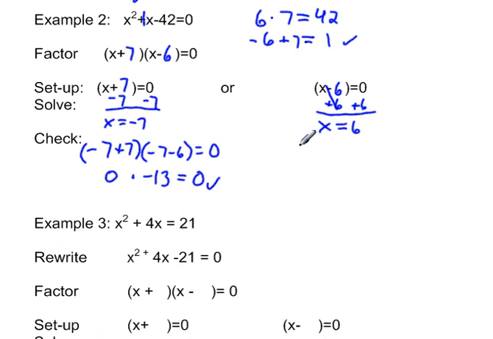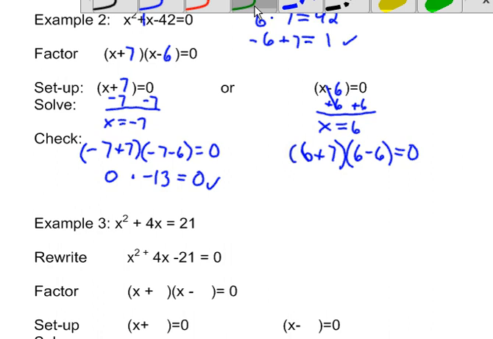Okay, over here on this side, I'm sorry, we're substituting 6 in for x. So I've got 6 plus 7 times 6 minus 6 equals 0. I kind of show you where all this comes from.